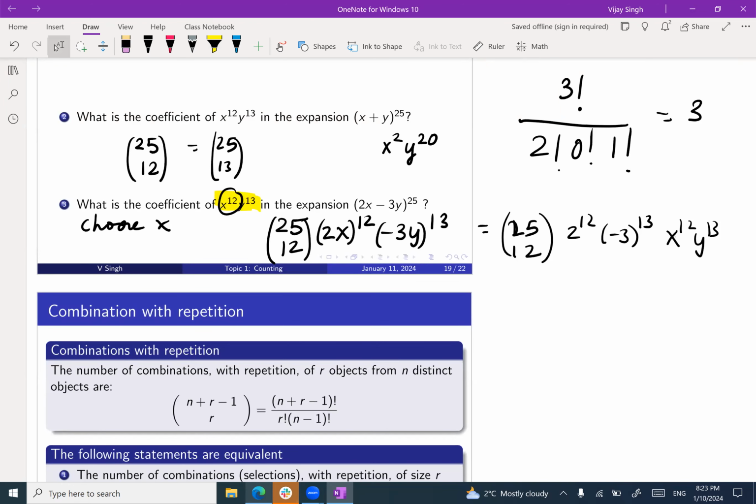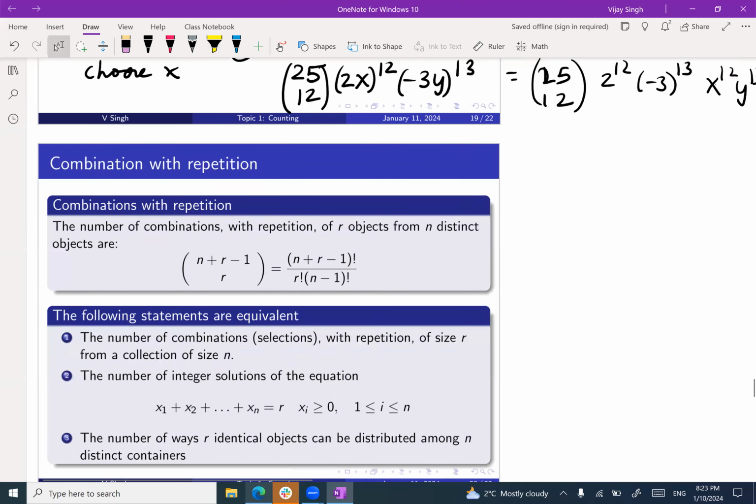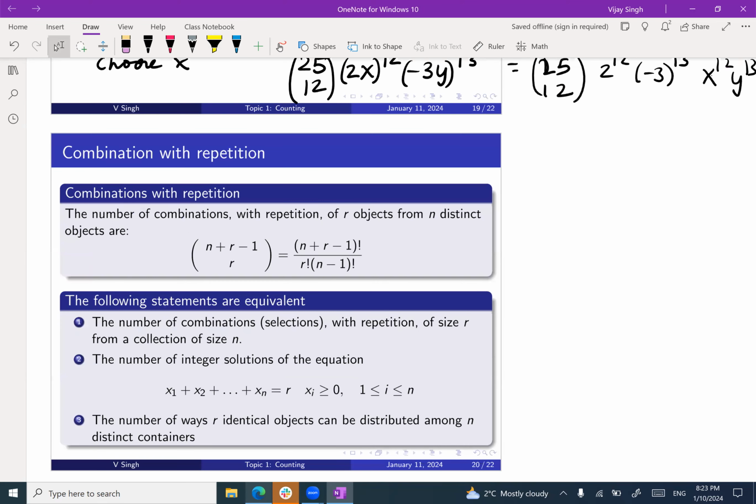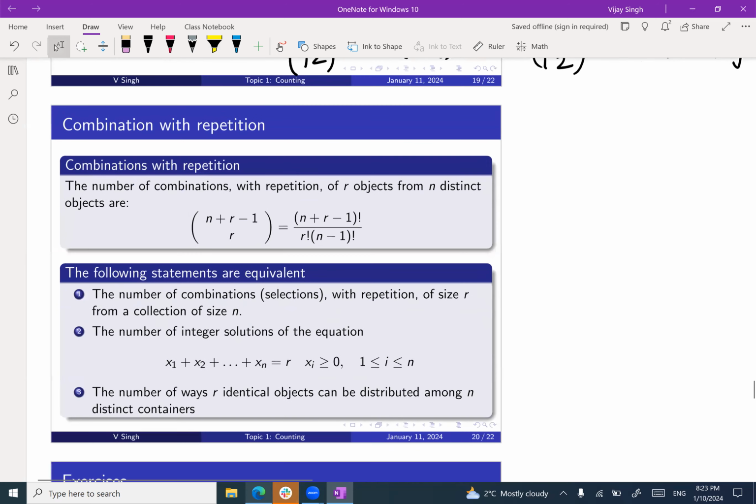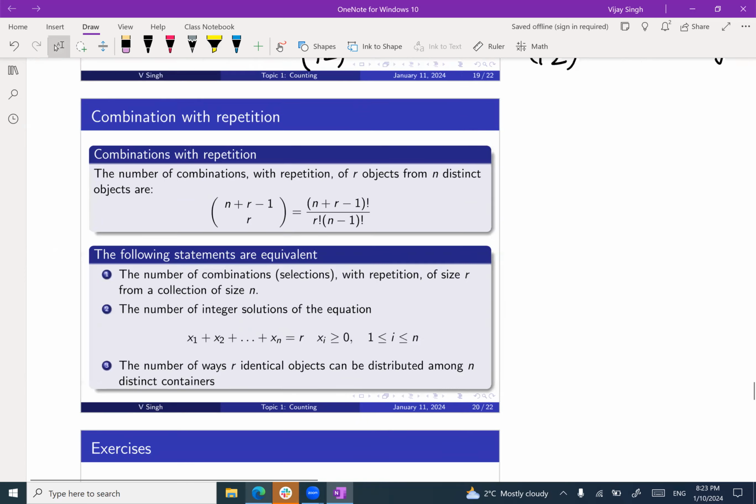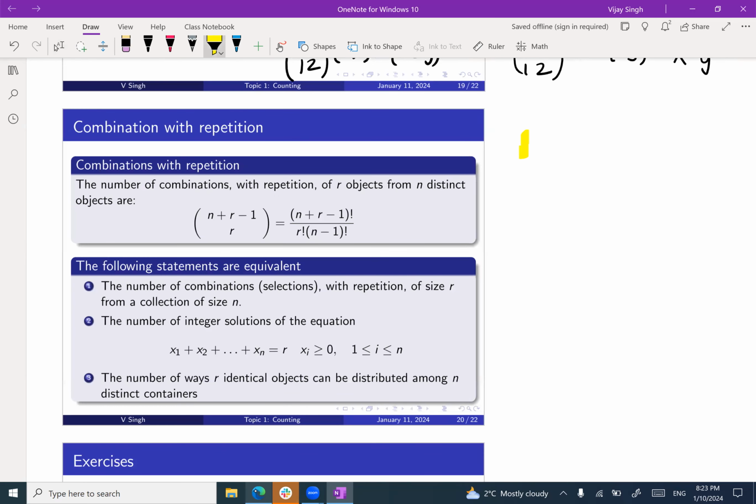Now, the next topic we want to talk about is combination with repetition. So now suppose there are n distinct objects.